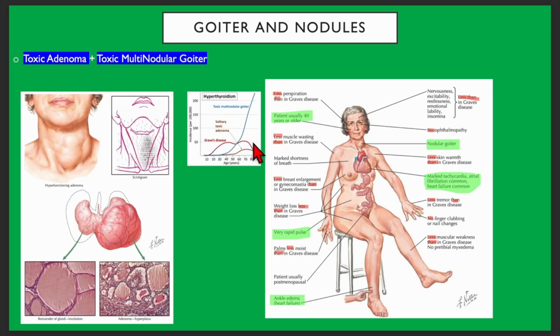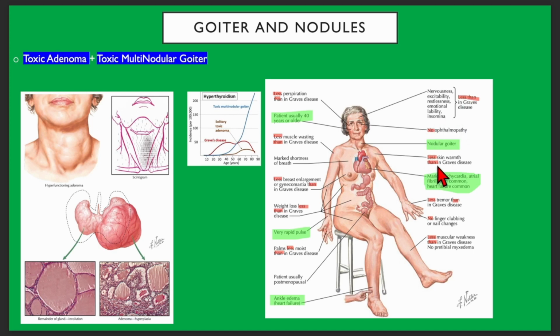And I will emphasize what I just said. We said the age plays a role. So here you see the patient is usually 40 years old or older. You see it's a nodular goiter, it's not diffuse. And then everything else you see here is the cardiovascular. So they came because of heart failure, rapid pulse, tachycardia, atrial fibrillation. So they came with the heart problems, and everything else is less than Graves.